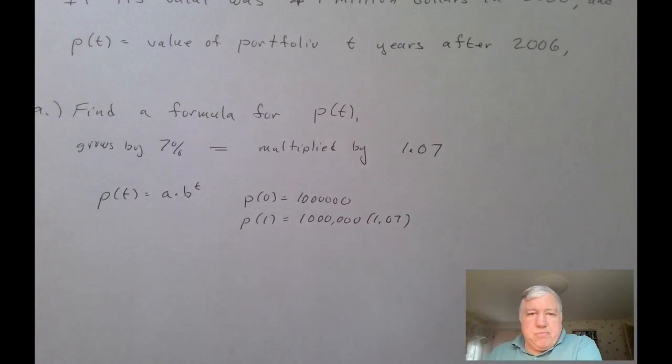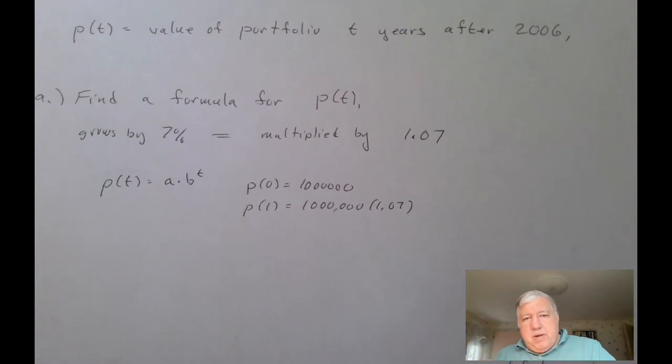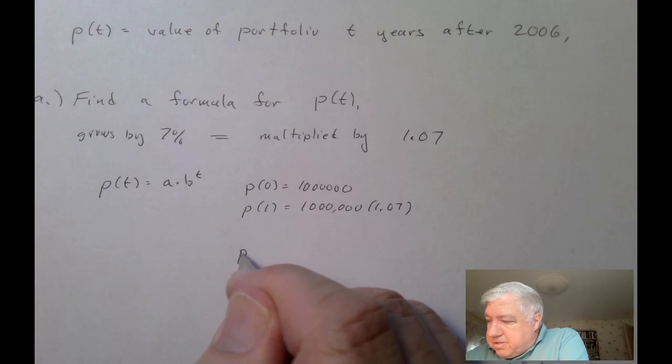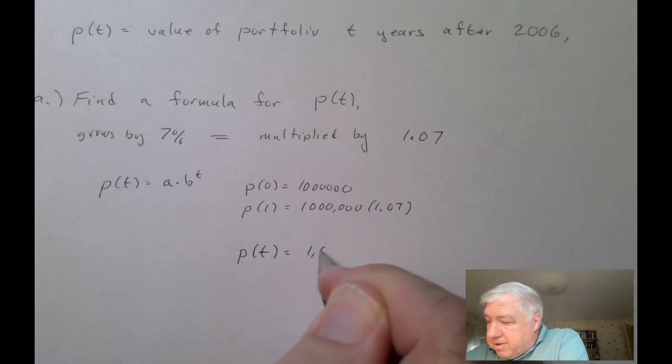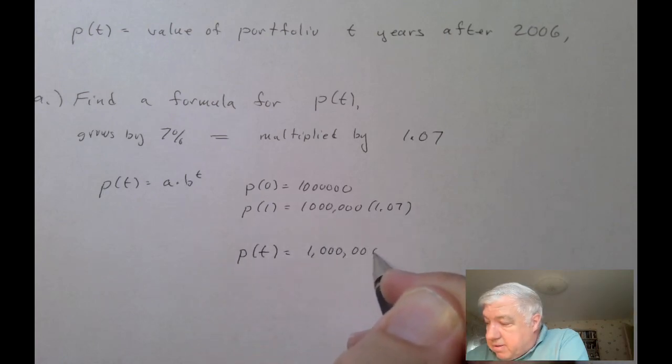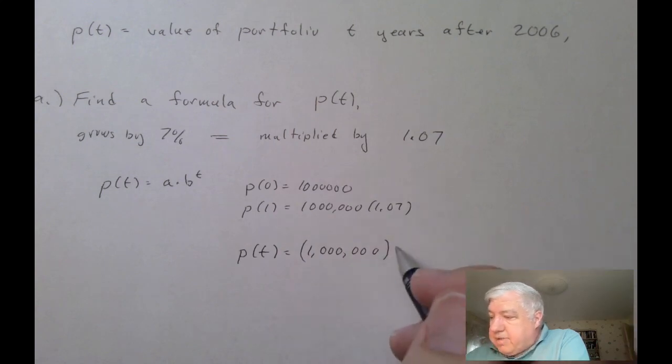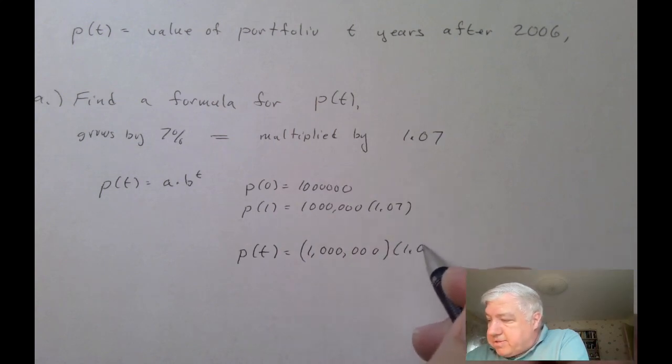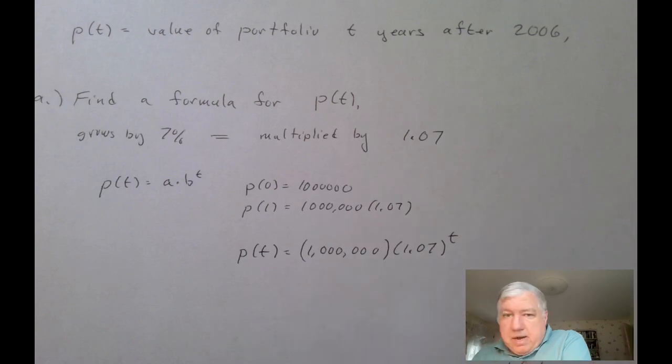We won't worry about what that is right now, but basically you can see what the formula will be is that P of T is going to be 1 million times 1.07 raised to the T power.